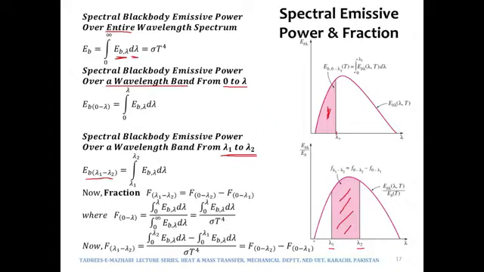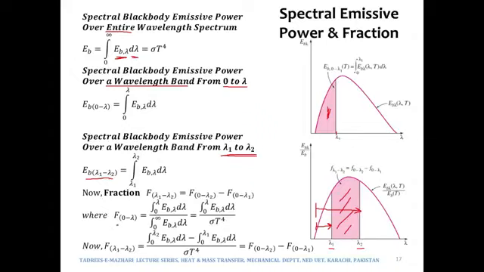From 0 to lambda 2 is the total fraction, minus 0 to lambda 1, this total fraction. The difference of the two will give us the shaded portion. Probably you would have done this in statistics and probability problems, especially normal distribution problems. That is the same way we would be finding this fraction out.